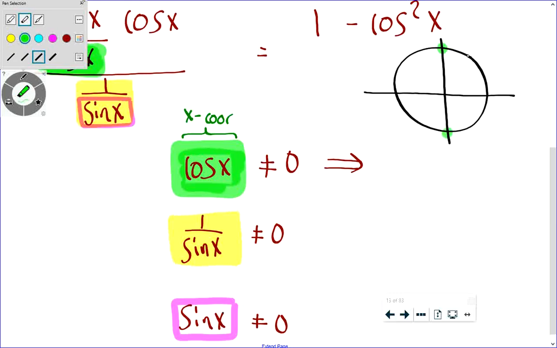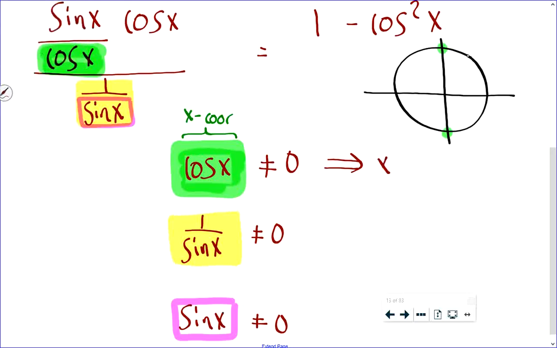And I'm saying x because it's cosine. And what that tells us is that angle x is not allowed to be pi over 2, 3 pi over 2, 5 pi over 2, but pi over 2 plus multiples of pi. I'm just going to leave out the n being an integer until later. I don't want to crowd my workspace here.